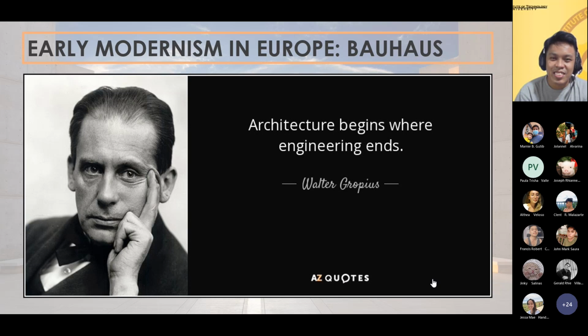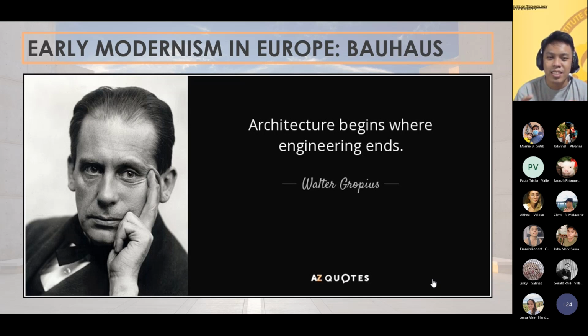From the quote of Walter Gropius that architecture begins where engineering ends: engineering is the process of constructing your building, the foundation, everything, attaching your structural components and completing your building. All of the engineering is there: civil, electrical, mechanical, everything.